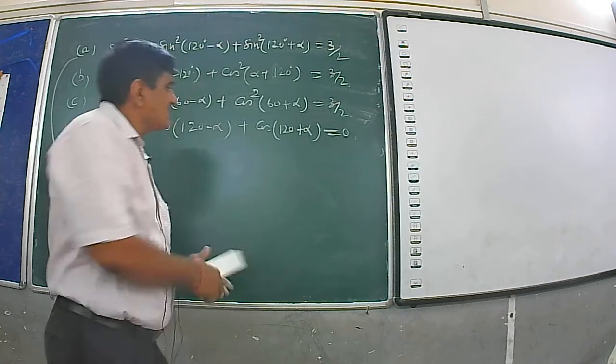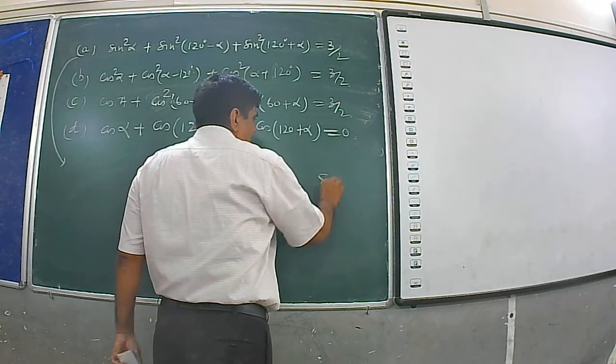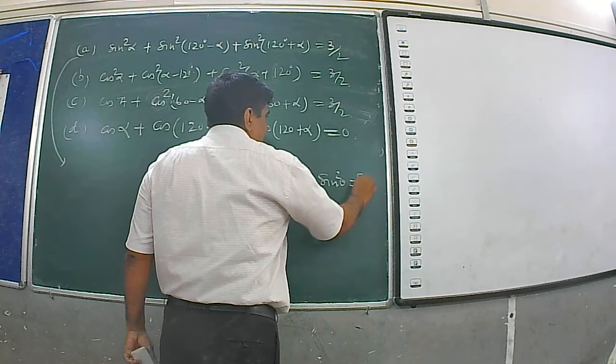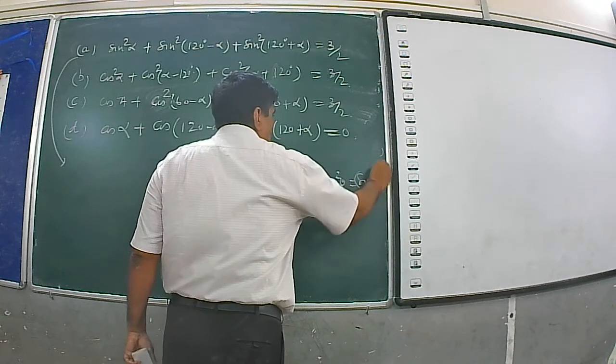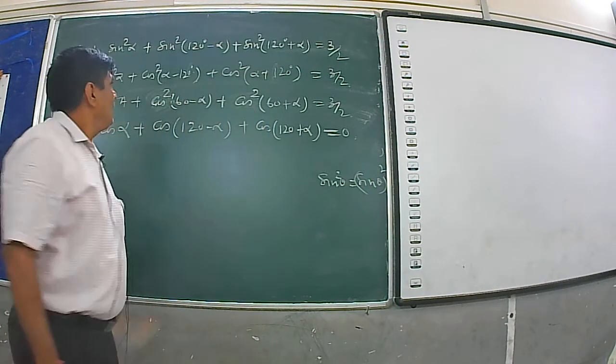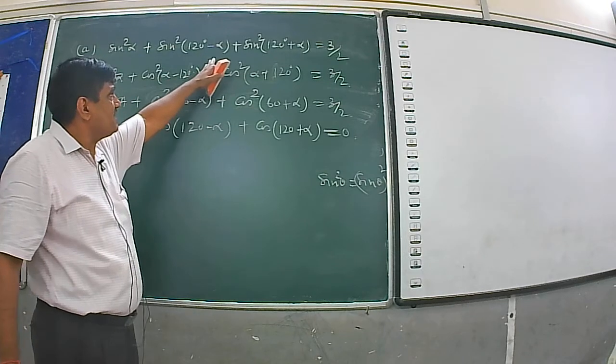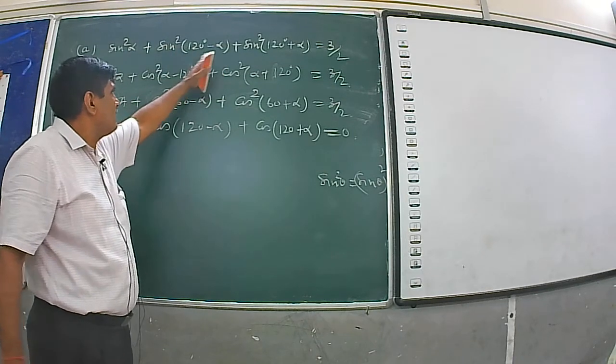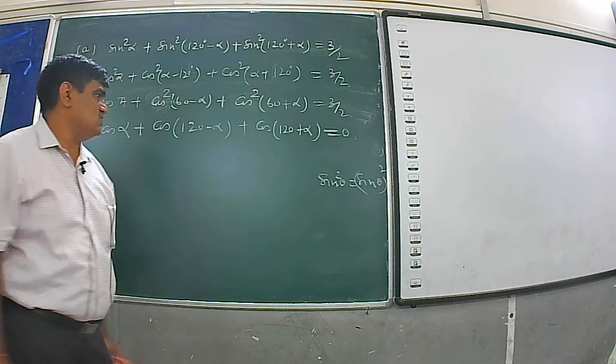Here, sin square theta means sin theta whole square. Sin square 120 minus alpha means sin 120 minus alpha whole square.